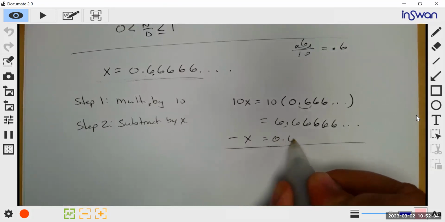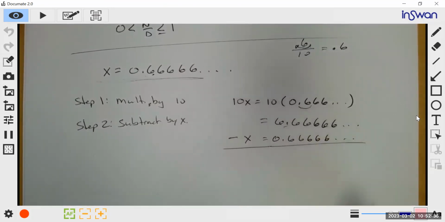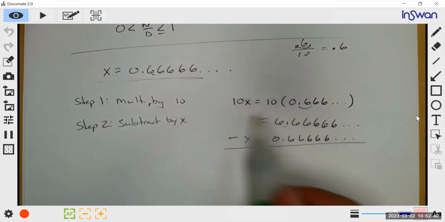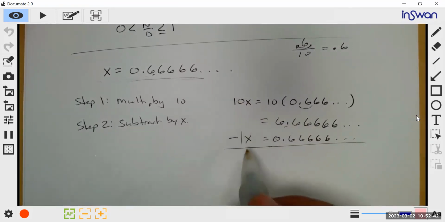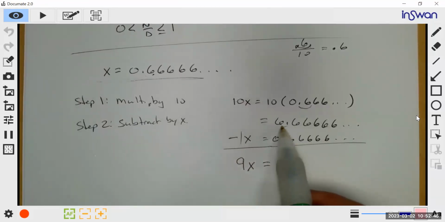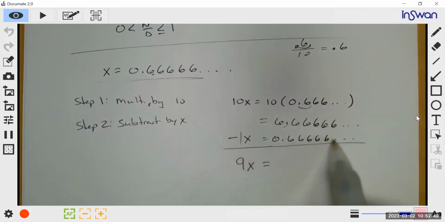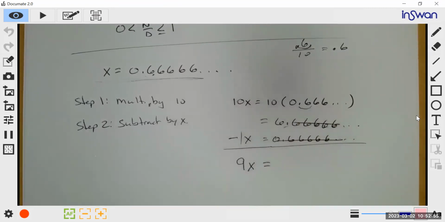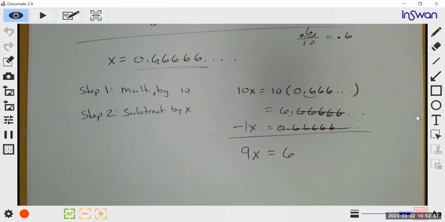X is 0.66666. So if I subtract these, 10 minus 1 is what? 6.666 minus 0.666. What cancels? All the decimals. So we're left with this.